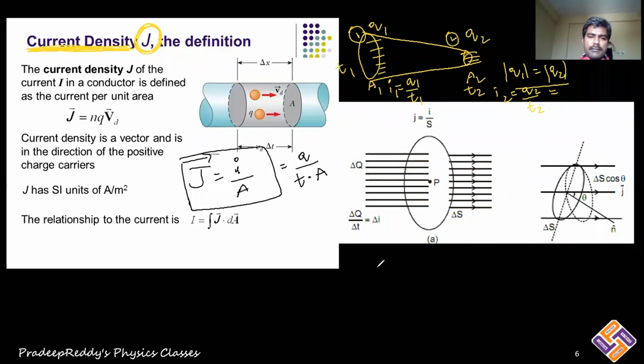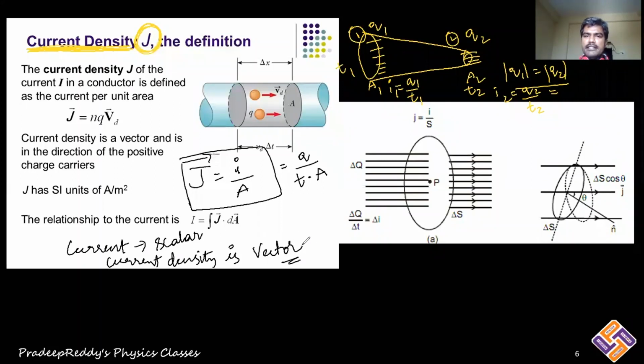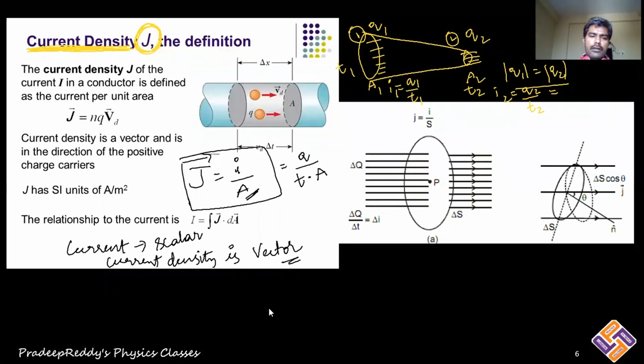Current is scalar, whereas current density is vector. So current density is simply defined as the rate of current flow, or current flowing per unit cross-sectional area. How much current is flowing through one particular area of cross-section? It is known as current density.